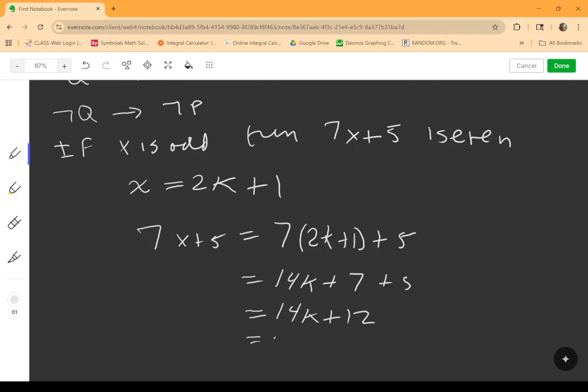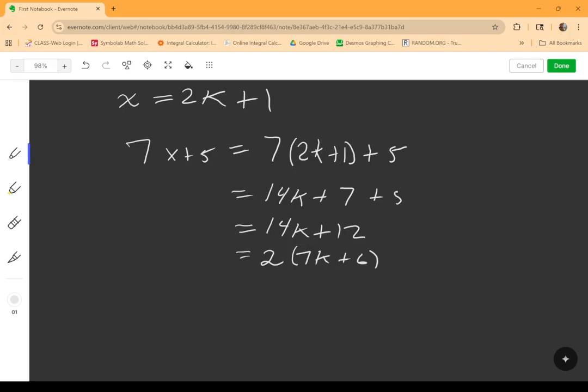And notice, doing some factoring, 7k plus 6. Since 7k plus 6 is just some other integer, since the integers are closed under multiplication and addition, and 2 times an integer is an even integer, therefore 7x plus 5 is even.